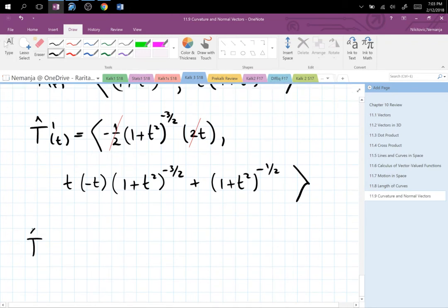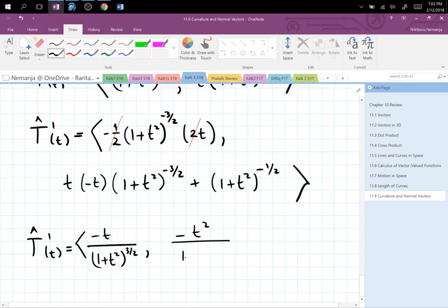So let's see, t hat prime of t is equal to negative t divided by 1 plus t squared to the 3/2. So that's now a positive exponent because they put it in the denominator. On the second one, I have negative t squared divided by 1 plus t squared to the 3/2, plus 1 over, and I'm not going to use the square root because I can simplify this further.